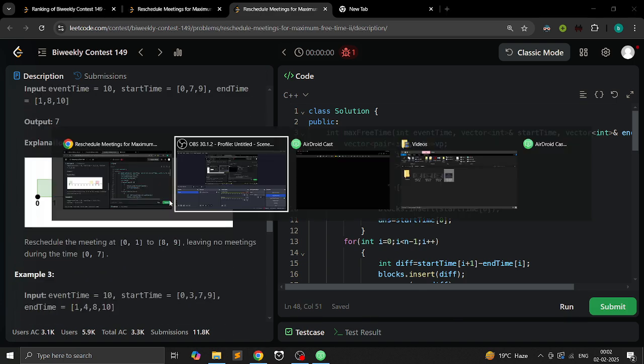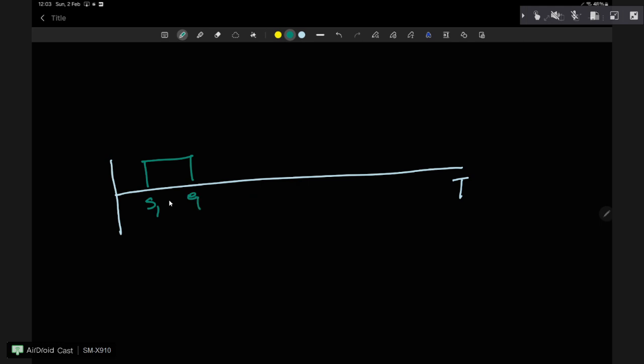To solve this, as I discussed in the last video, suppose this is our time axis and we have some event from 0 to t, and suppose there are four meetings happening: S1 E1 as start time and end time, S2 E2, S3 E3, and S4 E4.